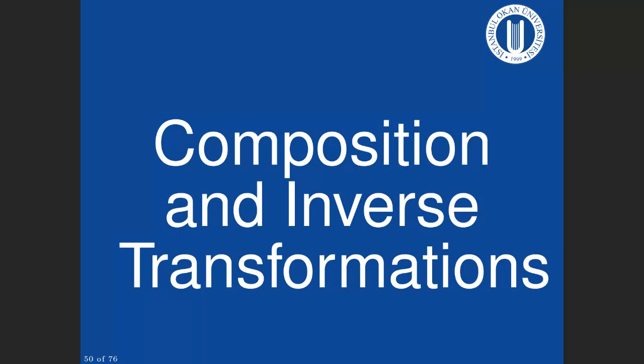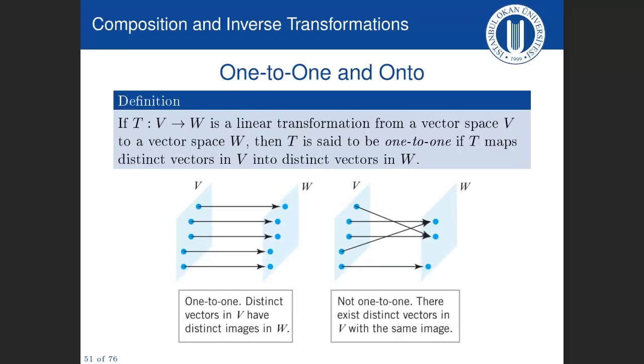Our fourth topic is the idea of composition of two transformations and inverse transformations. One-to-one and onto, you've seen before in Mathematics 1, I think, in calculus.